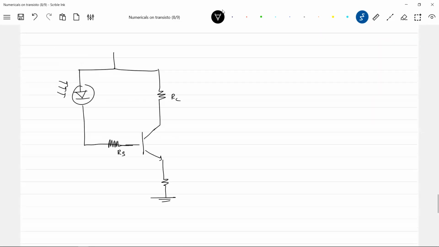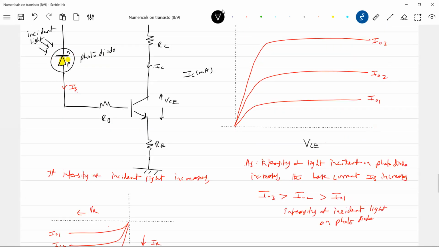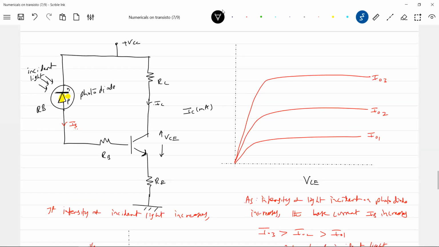Yeah, we'll take it. Incident light, photodiode. So what is the state of photodiode? It is forward biased. Earlier it was reverse biased. I'm writing RB. I think it is sufficient.